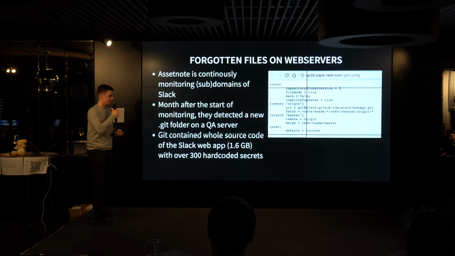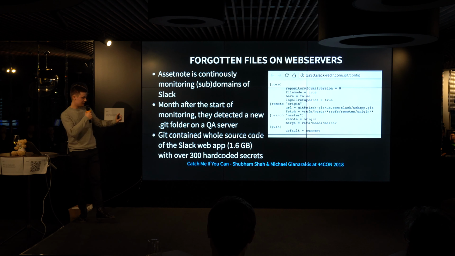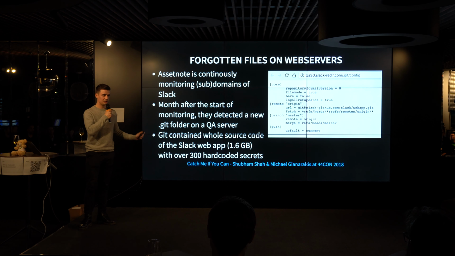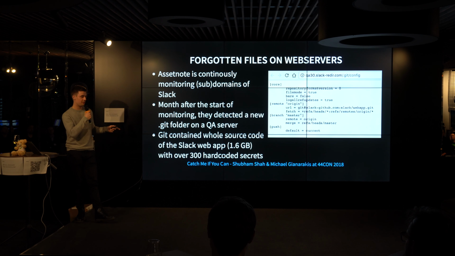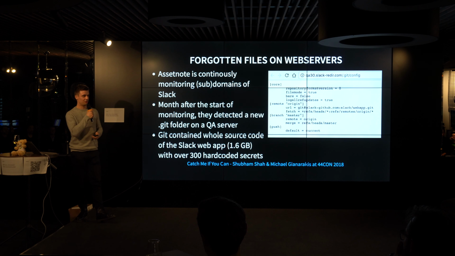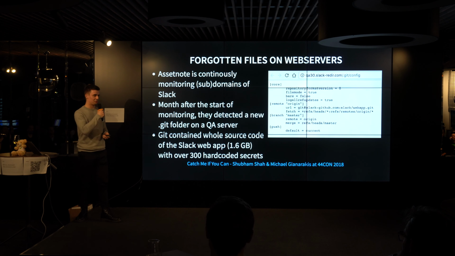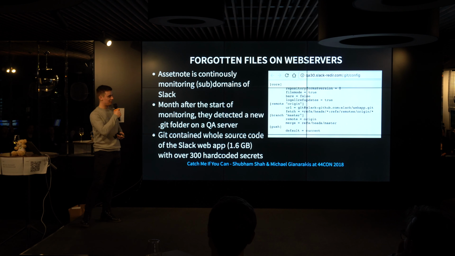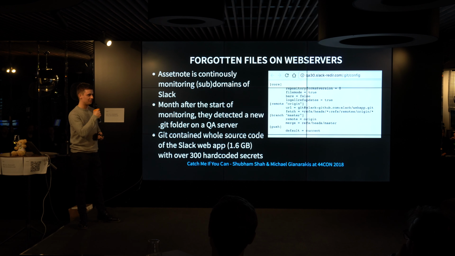They were speaking about it in the Catch Me If You Can talk, which I really recommend watching. There are more vulnerabilities like this from them. And I have to say, it must have been a really terrible job to rotate all of them. They also feel very sorry for the Slack engineers rotating 300 secrets.